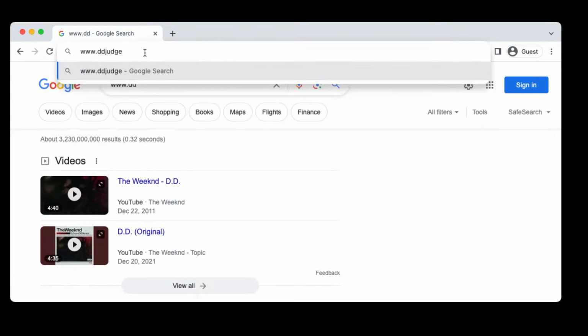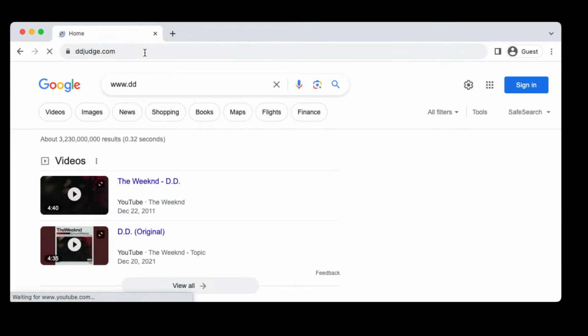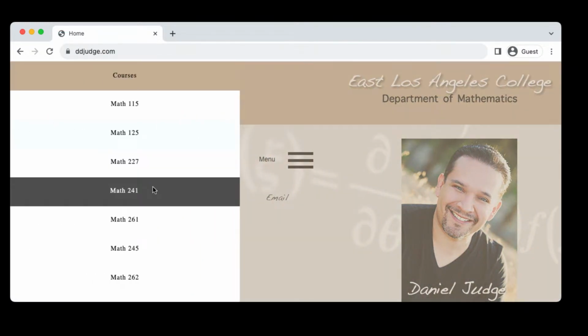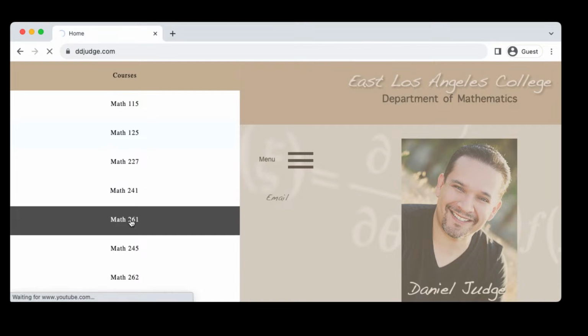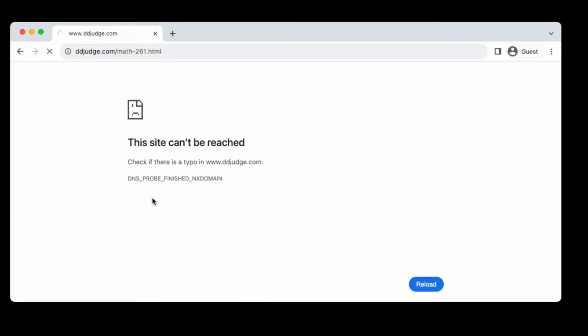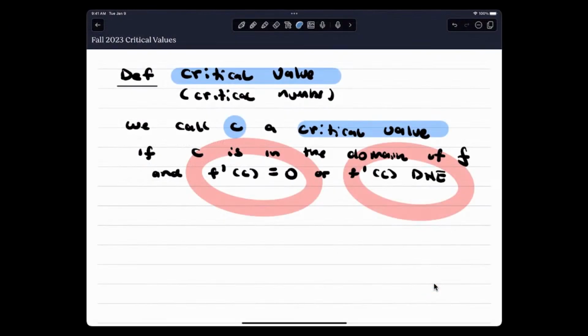Let me see if I can get this here. I know I get it on the PC here. 261. Reload. Well, we'll see when I get home what's the deal.